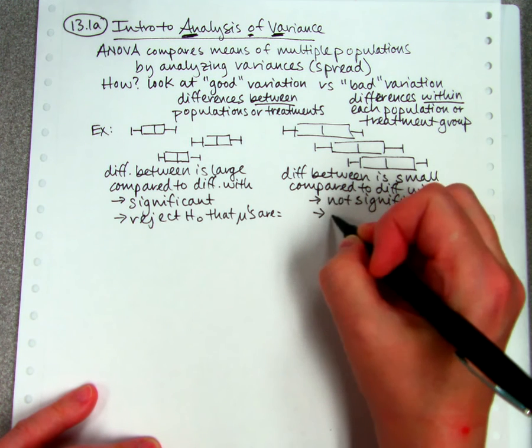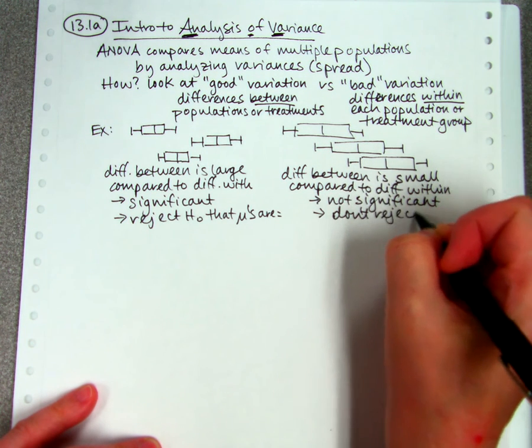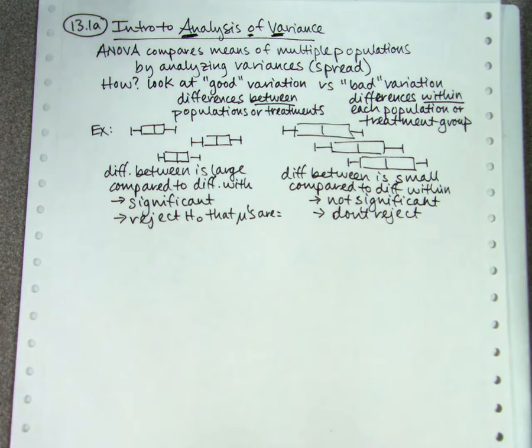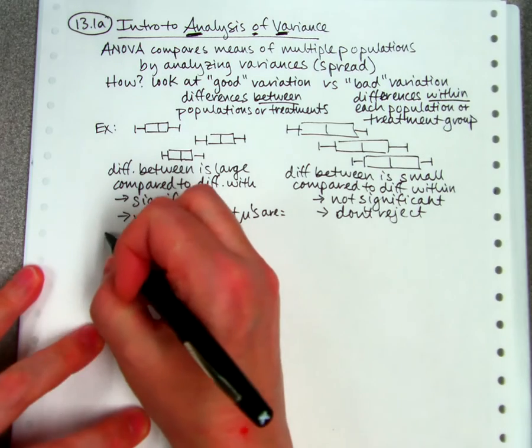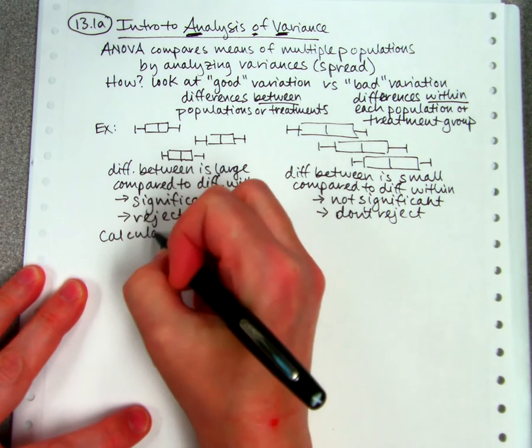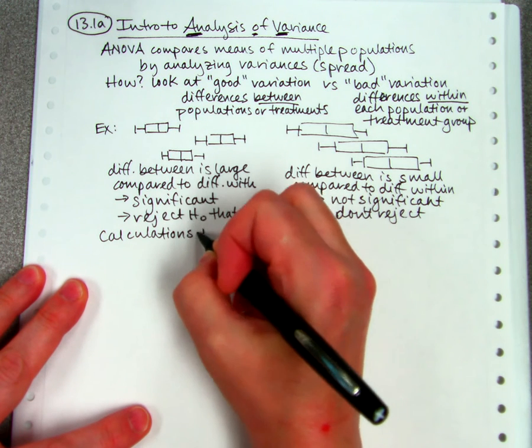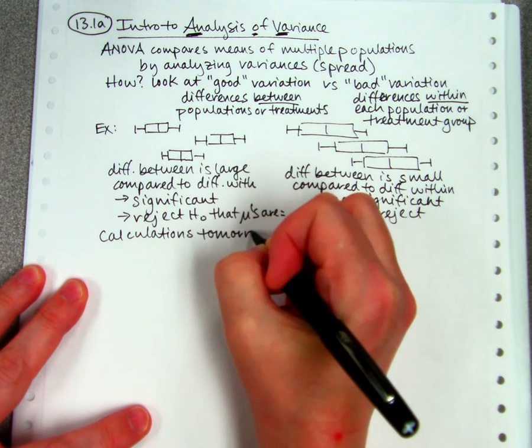And don't reject, not enough evidence, basically. So that's where we're headed with that. We will learn on tomorrow's lesson how to do the calculations that will actually cause this to happen. But I wanted you to see where we're headed.